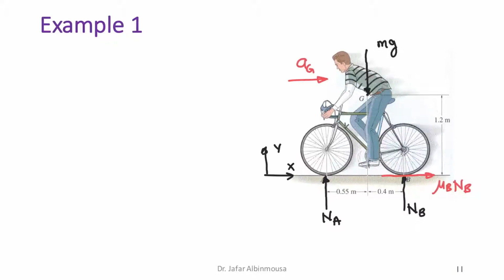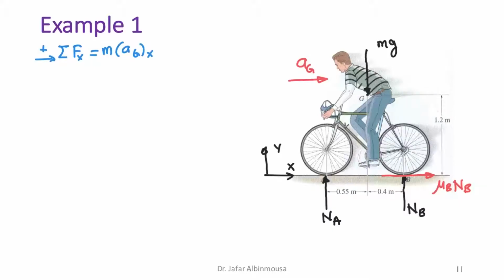So let's start with Newton's second law. We'll take the right-hand side as positive, so we will sum up the forces along x, and say this is equal to the mass times a_Gx. And we have only one force acting along the x direction, which is mu_k N_B.